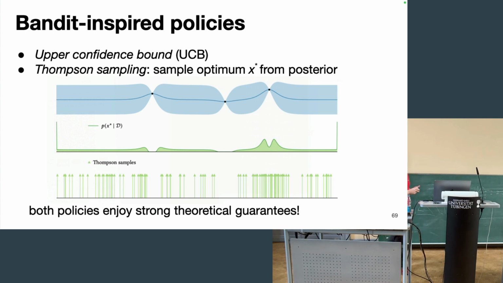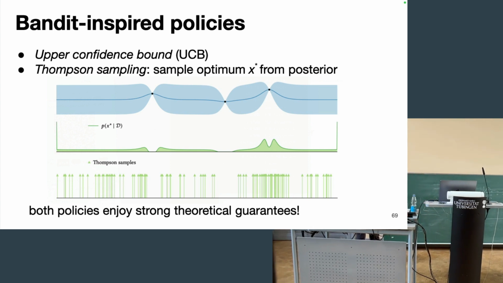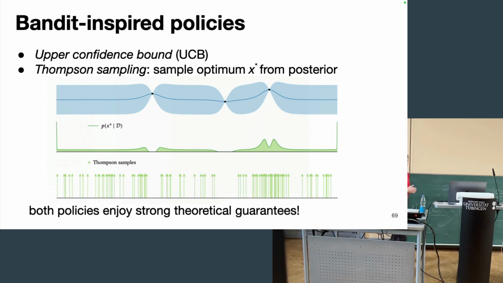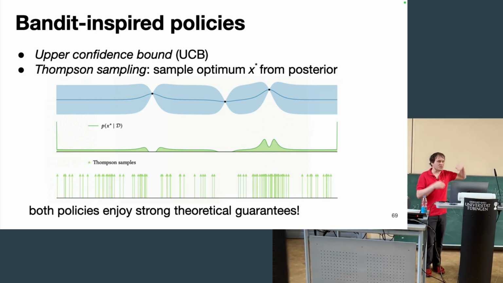Another algorithm that goes all the way back to the early 1930s is Thompson sampling, where, just like in entropy search, I can think about this belief over the location of the optimum. Whereas in entropy search I was trying to greedily maximize the improvement in my understanding of that distribution, in Thompson sampling I simply take a stochastic approach: I just sample from that distribution and make a measurement wherever that sample happens to be.